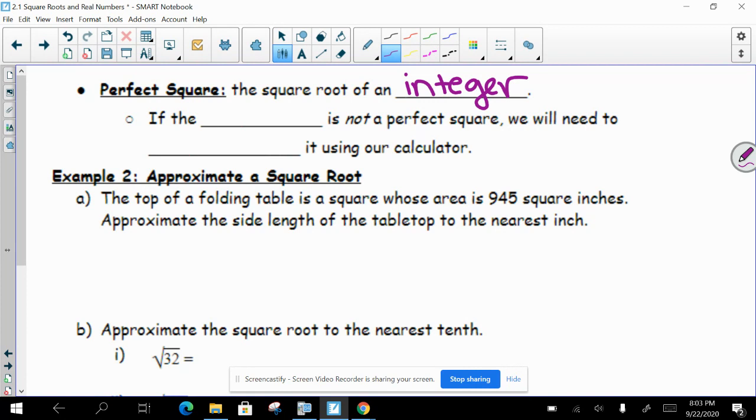So if the radicand, in other words, the number that's underneath the radical sign, we call this the generic form of the radical sign, and this specifically is a square root. But anyways, the radicand is the number that's under here. If it's not a perfect square, we will need to approximate using our calculator.